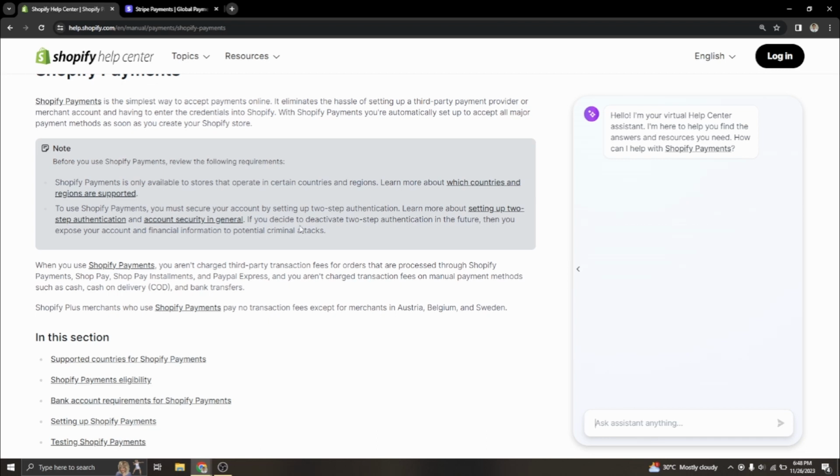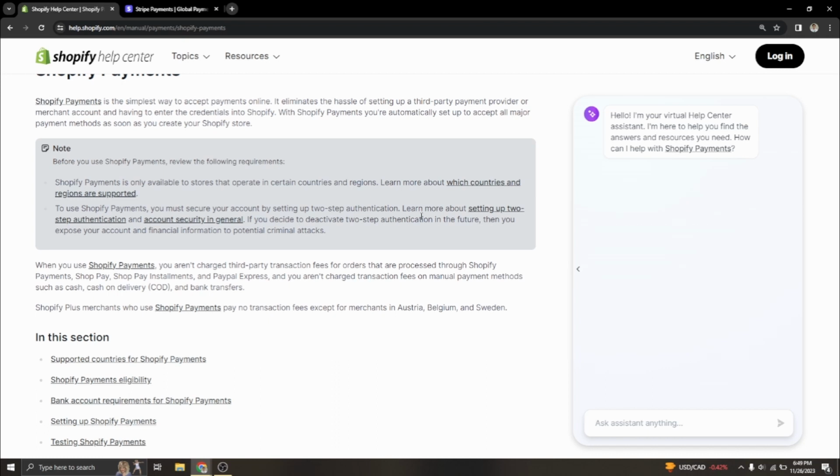So if you don't use Shopify, Shopify Payments is not available as an option, just like I said earlier. Shopify Payments is Shopify's own payment processor, and this service is actually powered by Stripe.